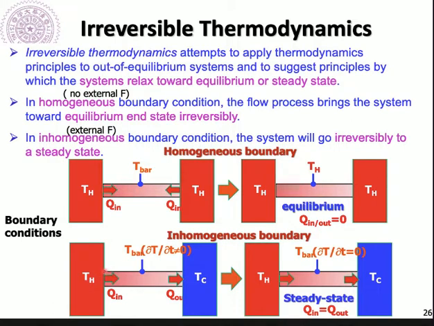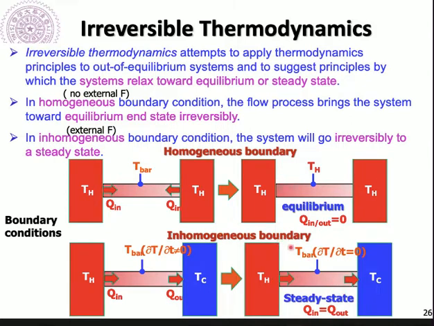The same. That means we also have a metal bar, but we put the heater at the left-hand side and put the cooler on the right-hand side. Then, after a while, when Q in equals Q out, the system will go irreversibly to the steady state.